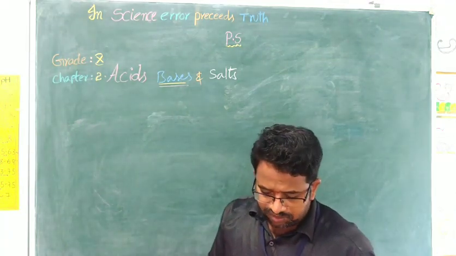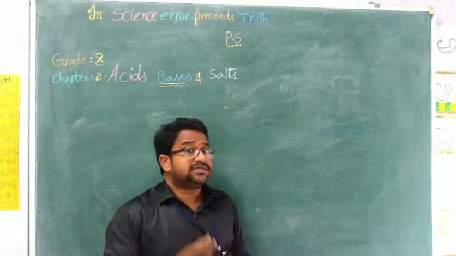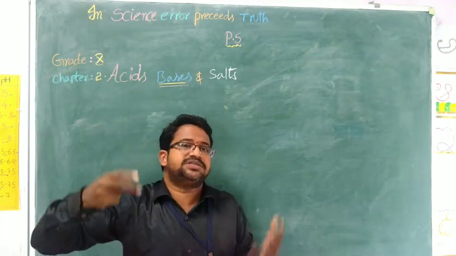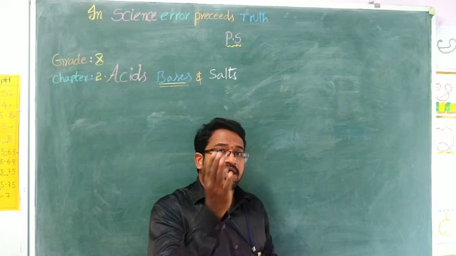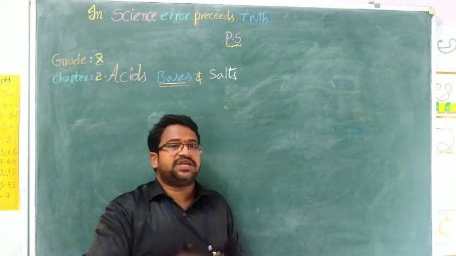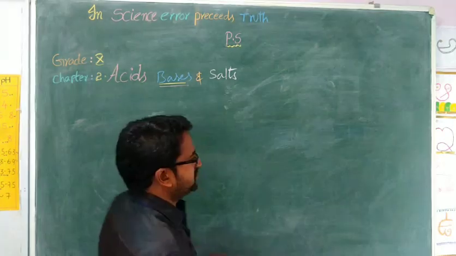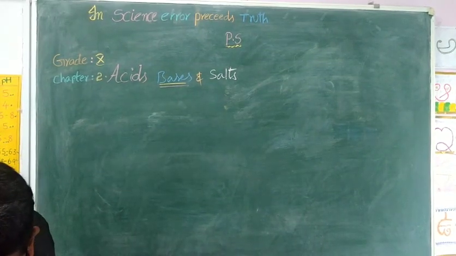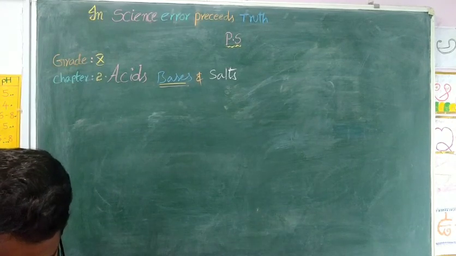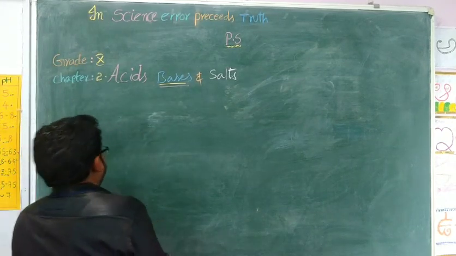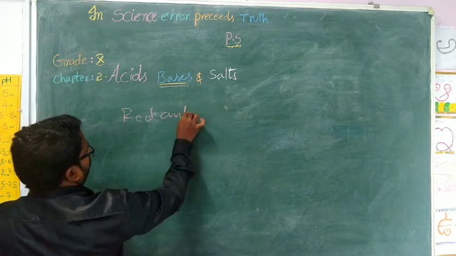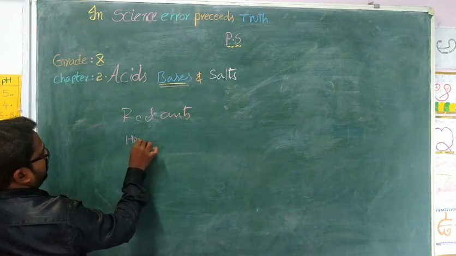Now, self-defense. Some acids and maybe bases present in some living organisms are used for self-defense. You know about the red ants, and one more is the honeybees.